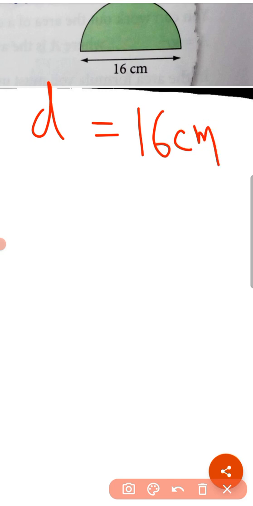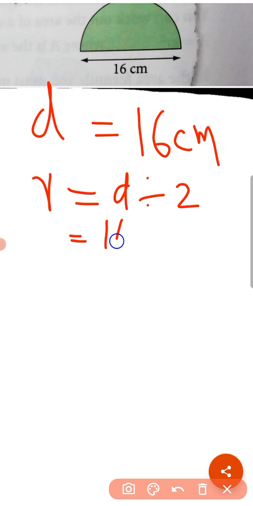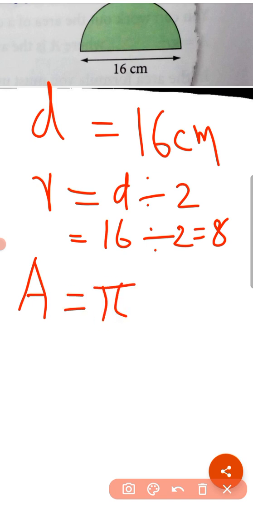Next we are finding the area of this semicircle. Children, here D is equal to 16 centimeter. So first you find the radius, that is D by 2, diameter divided by 2, that is 16 divided by 2, 8. So area is equal to pi r square by 2.